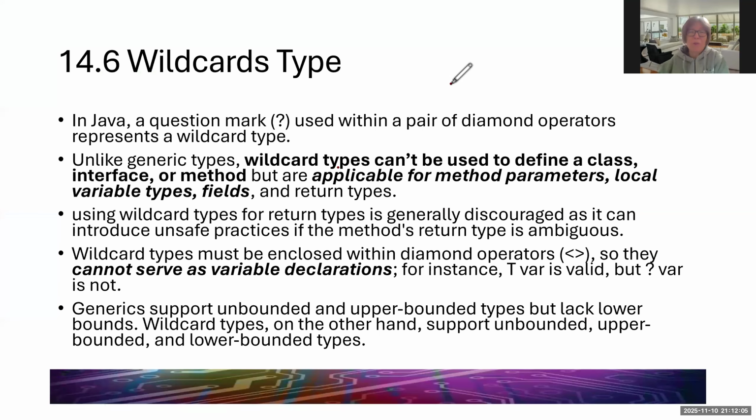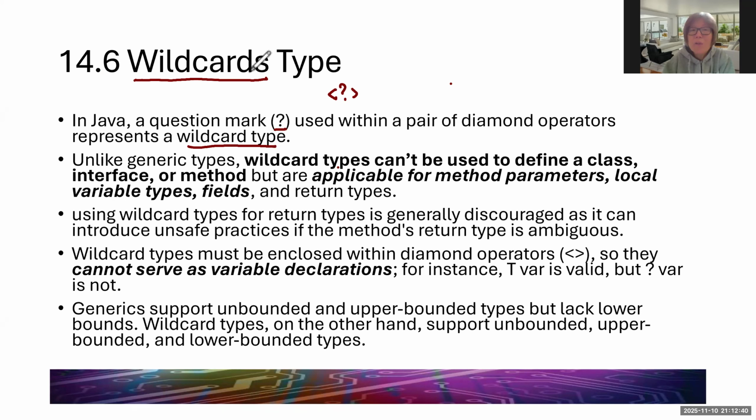Okay, so the next topic is about wildcard type. For wildcard type, we use a question mark within the angle brackets, instead of T or T extends some super type. So this represents a wildcard type.